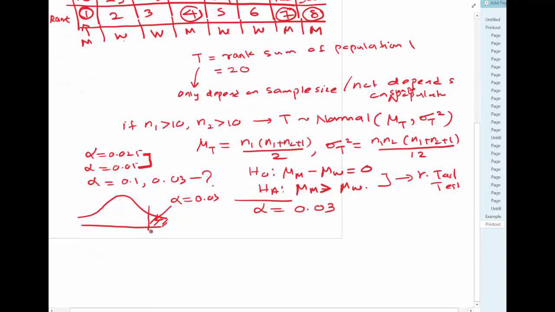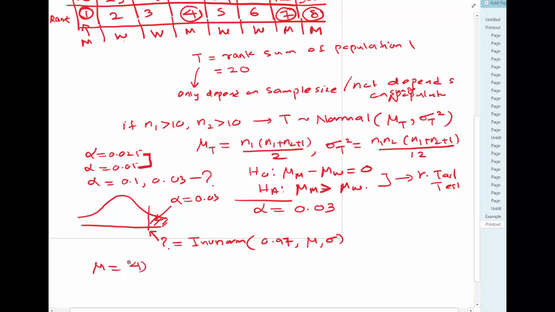So how do you calculate this critical value? It's basically inverse norm if you are using a TI-83 or 84. Area to the left is 0.97, and then mu and sigma. So what is mu? We haven't calculated this.